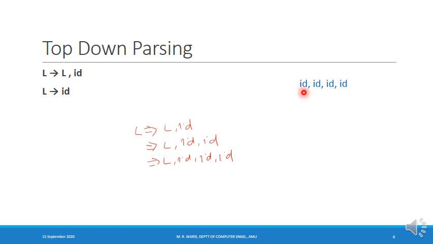The lexical analyzer scans the program and gives the tokens to the syntax analyzer from the front end. So in this case, it's difficult for the top-down parser to know when to stop expanding capital L using the first production, and it has to apply the second production. In the last step, I will apply the second production, and I obtain this sentential form.